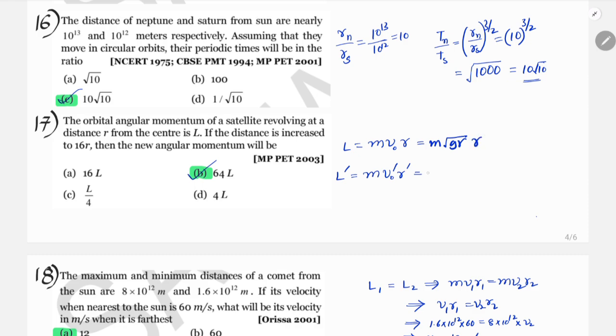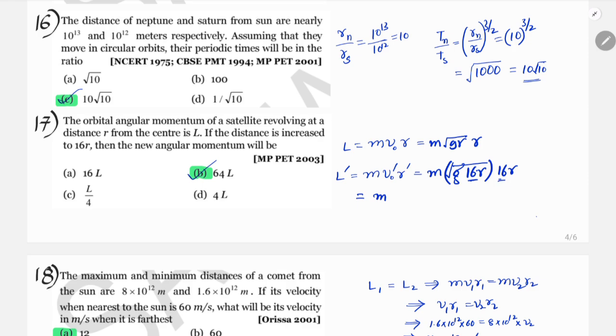Now the final, after changing: mass remains constant, only r changes. Yes or no? r will become 16 times the initial r. This r outside is also 16 times the initial. Now if you place this and simplify, m is there, under the root 16 becomes 4, and you can bring it out.